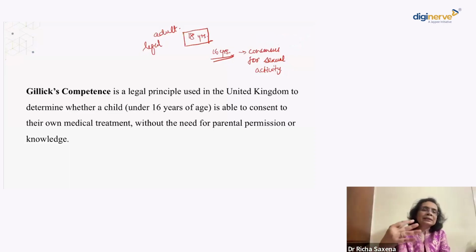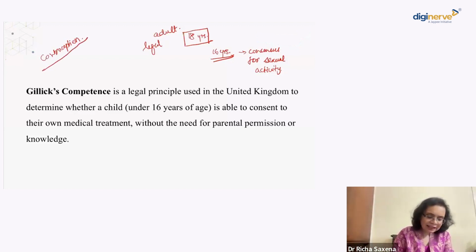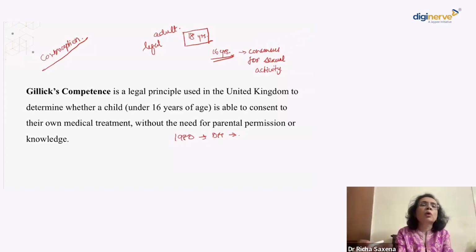So initially, Gillick's competence started with contraception. In 1980, the Department of Health issued a circular which said that a doctor can prescribe contraception to children below the age of 16 years if the doctor feels that they have the competence to understand what they are doing.